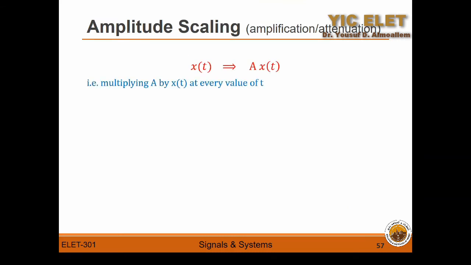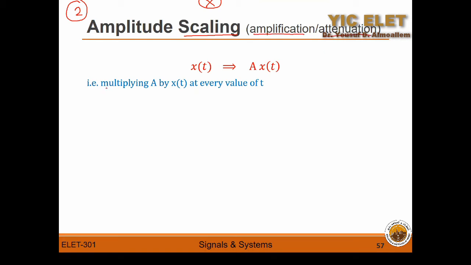Now, the second type of amplitude transformation is what is called amplitude scaling. And whenever we're talking about scaling, we will talk about multiplication. So we are multiplying this constant to the signal. So it is either amplification or attenuation.